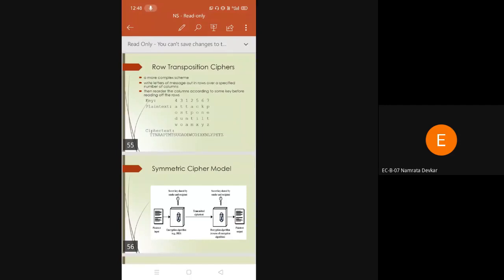Yes, have you understood the procedure? Yes or no? Yes, sir. So put your answer in the chat box. So I'll know how many of you understood or not. So write the ciphertext for this corresponding plain text.